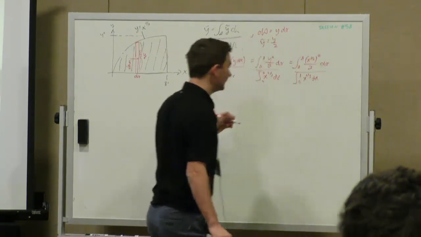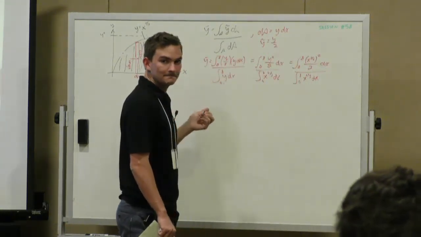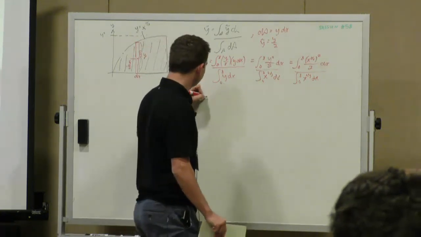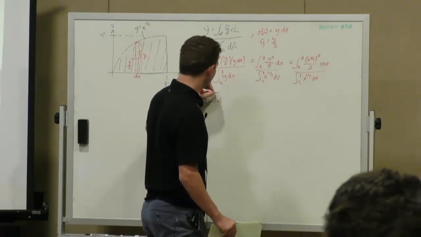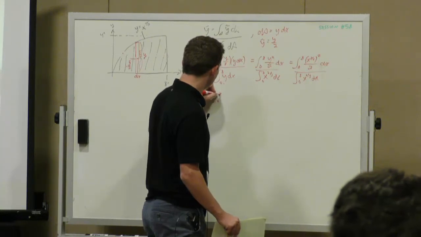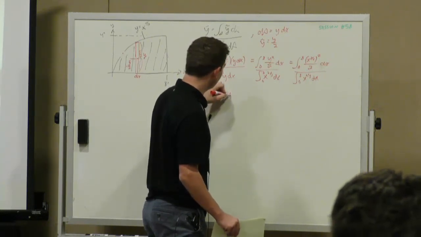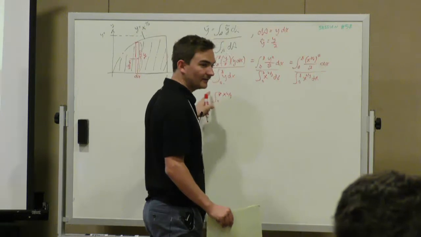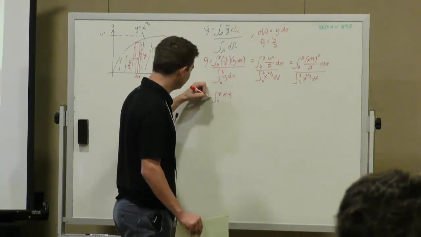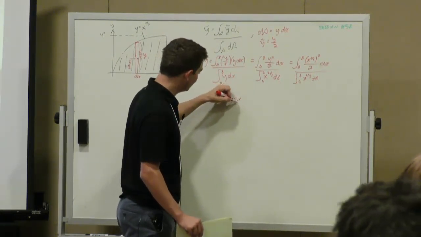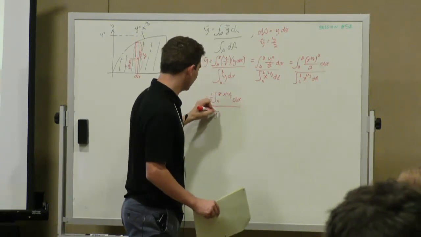All right. So does anyone have any questions so far? No? Okay. So this simplifies to 0 to 8, x to the 4/3. And we could pull this 1/2 out since it's a constant. dx over, write this one more time.